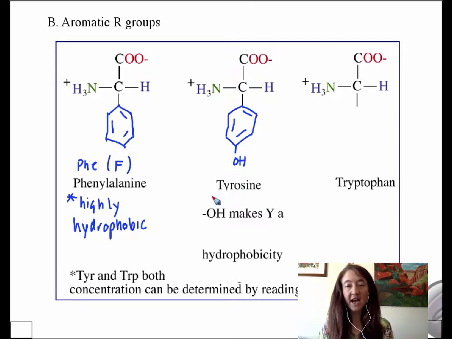And tyrosine has a 3-letter abbreviation that also makes sense. However, its 1-letter abbreviation is a Y, which is a little bit harder to remember. We do recall back to our earlier discussion about the fact that the more OH groups, the more polar OH groups you add to a chain of hydrocarbons, the more you increase its hydrophilicity, or its love of water.